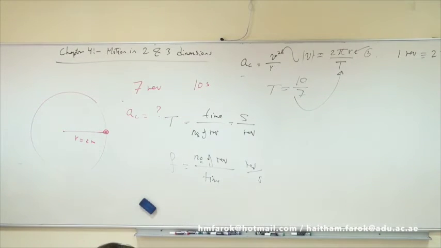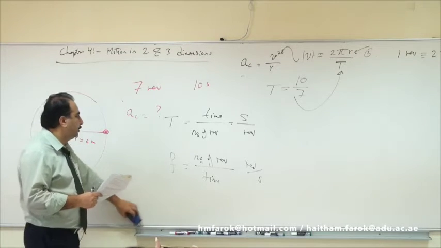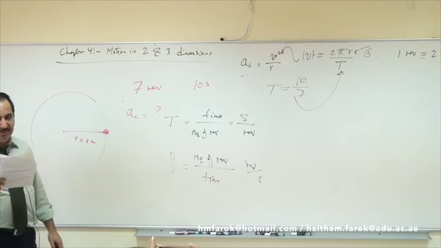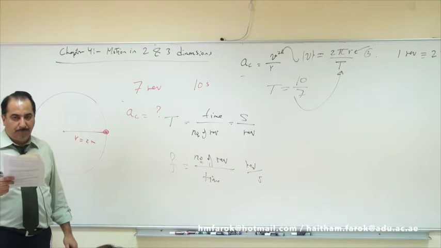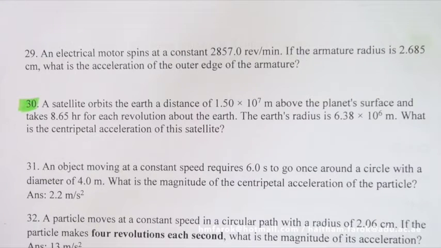Next question, 30. Question 30 says, a satellite orbits the Earth a distance of 1.5 times 10 to the power 7 meters above the planet's surface, and takes 8.65 hours for each revolution about the Earth.